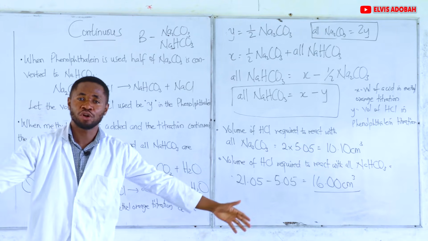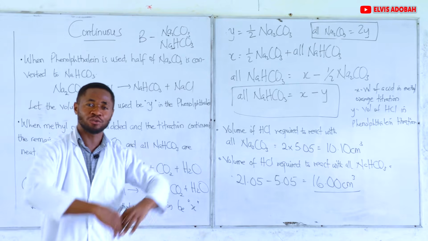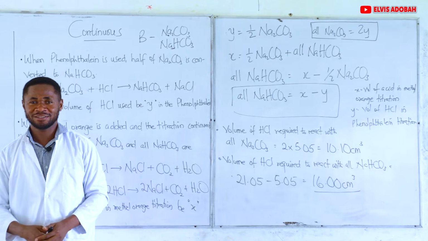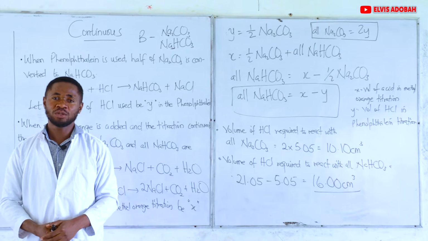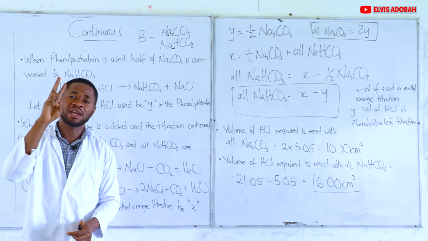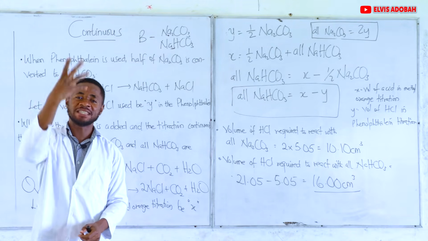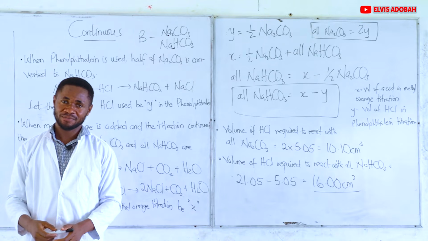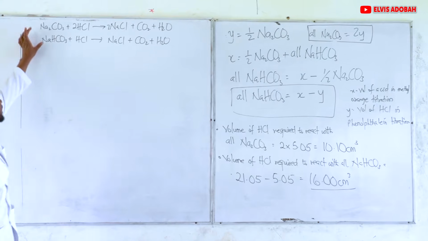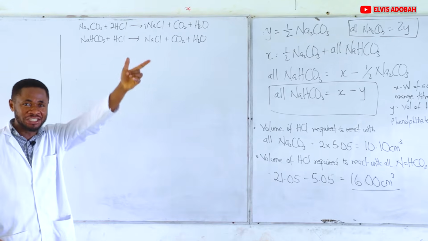But the question is, how do we use these values to calculate the concentration of sodium carbonate and the concentration of sodium bicarbonate? To do that, there are two balanced chemical equations that we need.